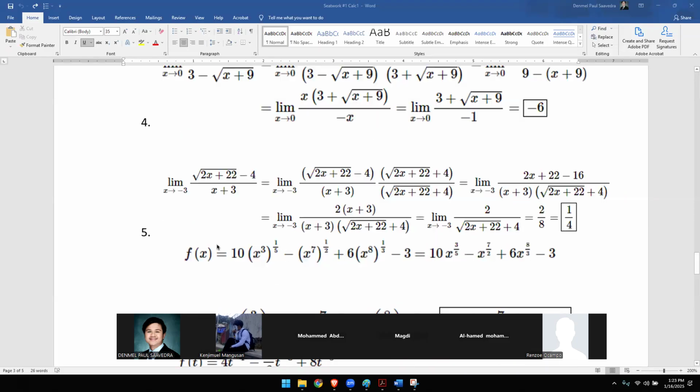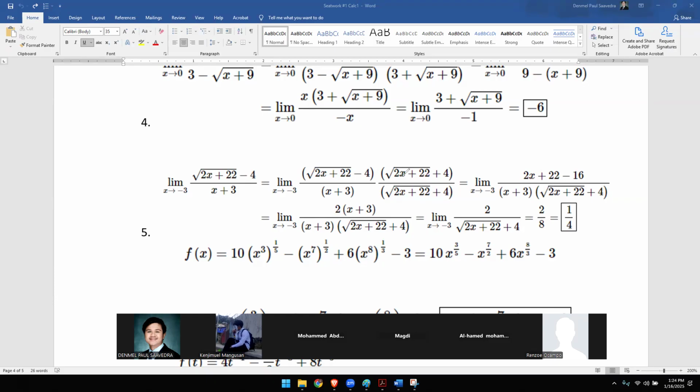So let's proceed to the last item, which is number 5. Supposedly this one is 8 items, but I made it 5 so that you guys will have more time. Anyway, we have this original equation, and what we can do is multiply the numerator to the numerator and then denominator. Again, this is just simply 1 if you cancel that out.